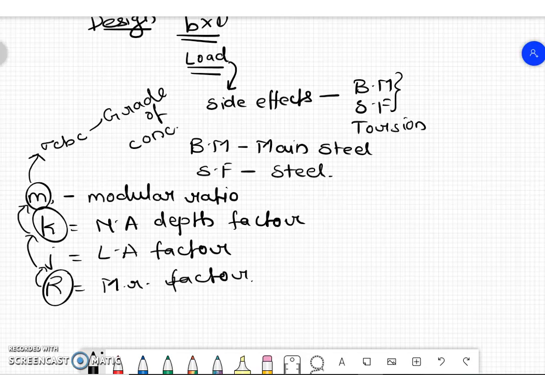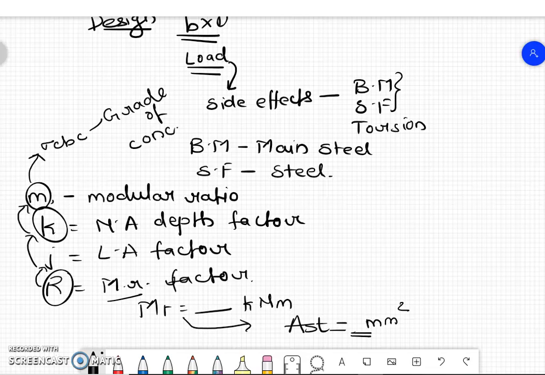Okay, so once we get the moment of resistance, that is MR in kilonewton meter, this is what you have already studied in structural analysis, calculating the moment for different types of beams and for different types of loading with different end conditions. After this, for this particular moment, we will provide the amount of steel in mm square to resist the moment that is developed.